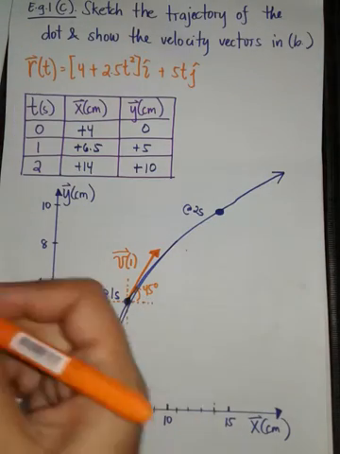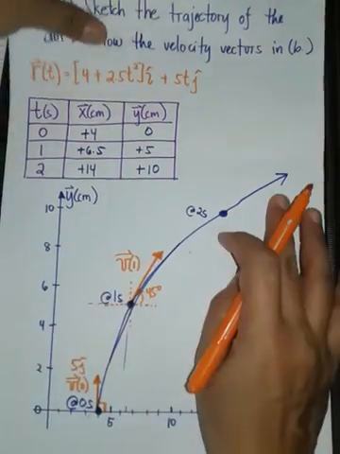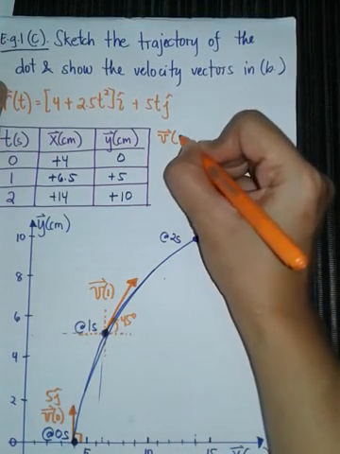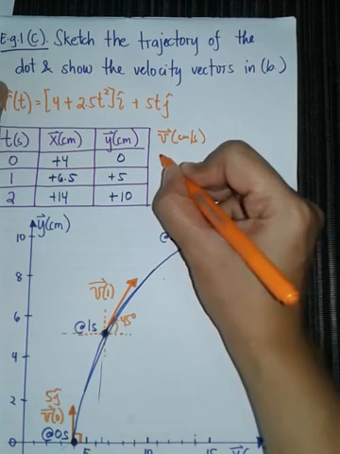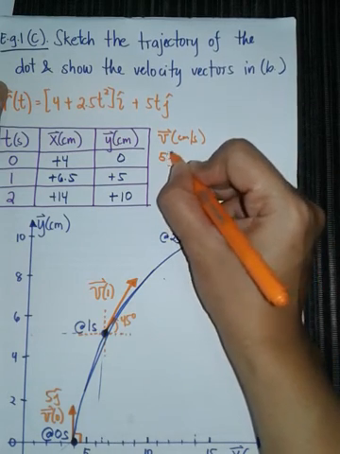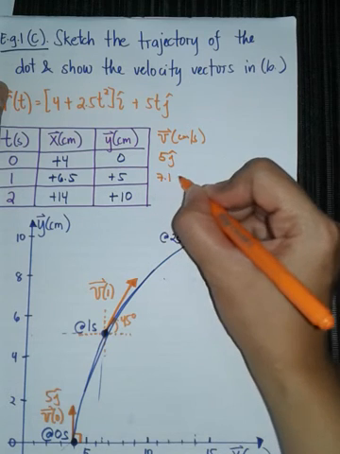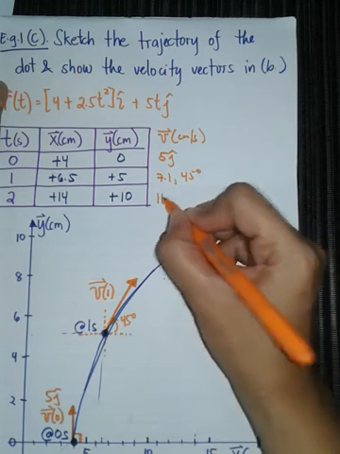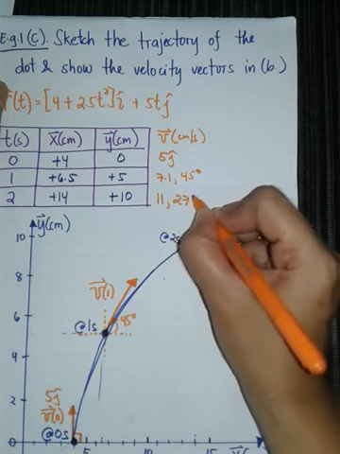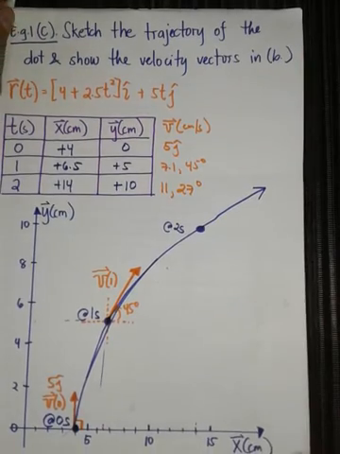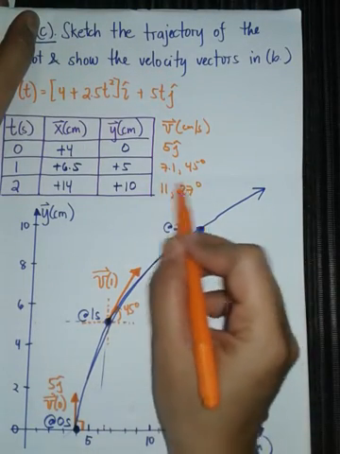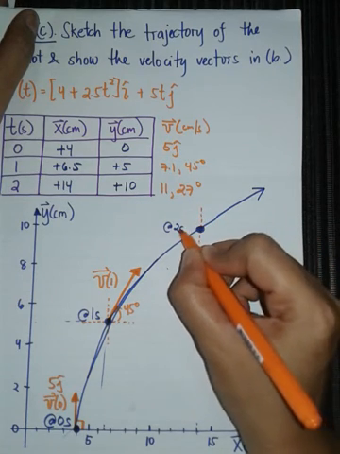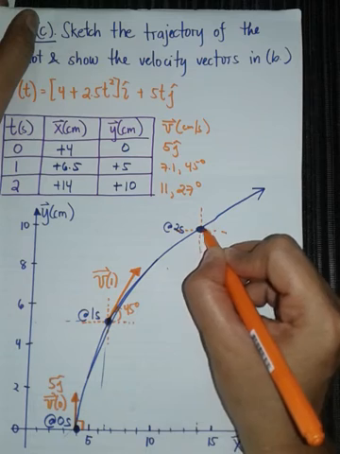Let me also write the velocities in a table, in centimeters per second. This one is 5 j hat, this one is 7.1 at 45 degrees, and this one is 11 centimeters per second at 27 degrees, which we solved earlier. To sketch the velocity when time is 2, make another small Cartesian plane with the particle at the origin.